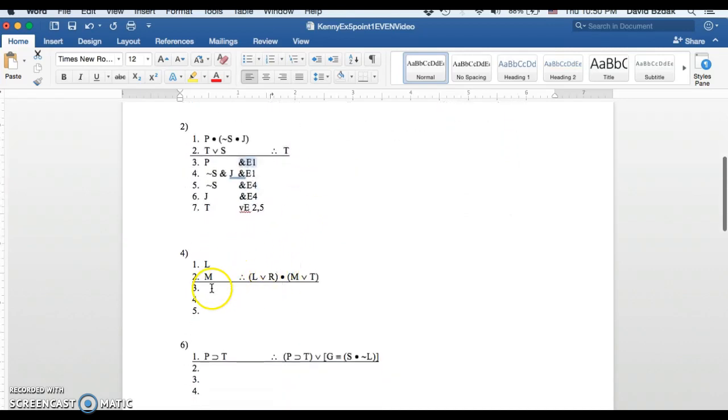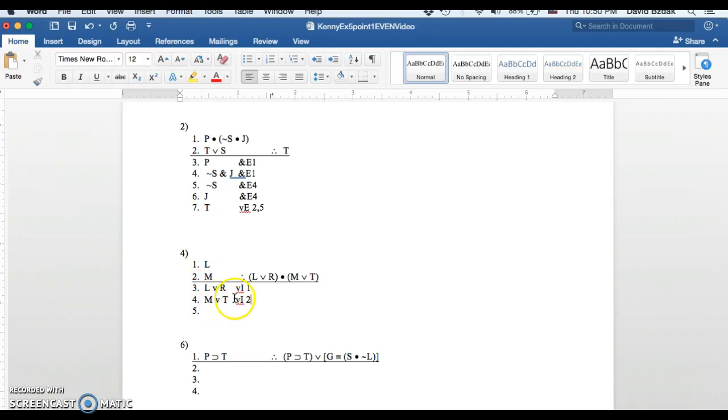So we can get L or R by disjunction introduction of 1. We can get M or T by disjunction introduction of 2. Right? So we had L, and the disjunction introduction rule says we can put L in a disjunction with anything.